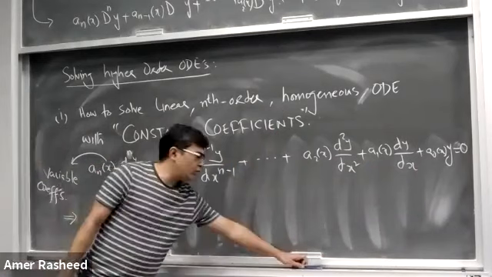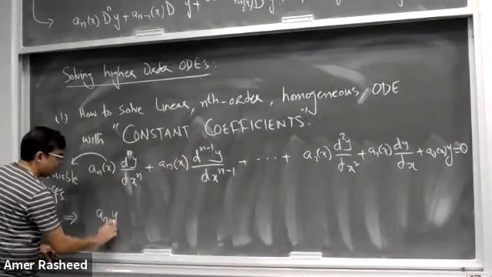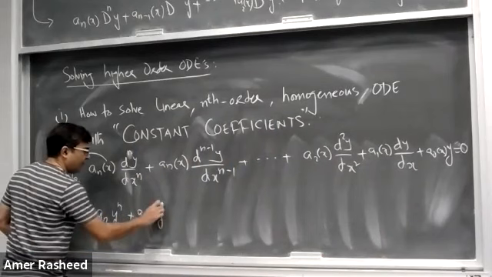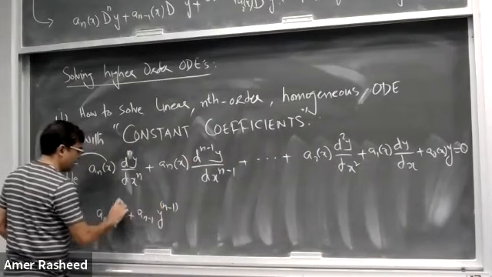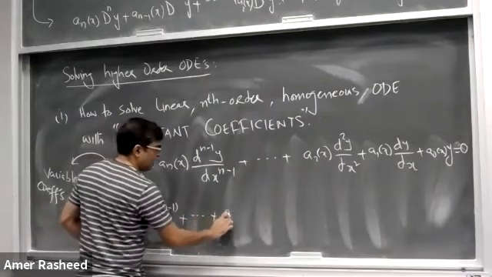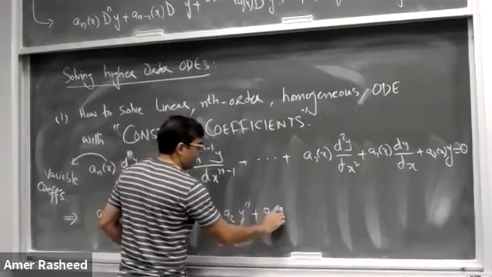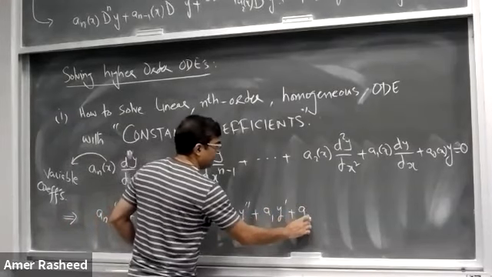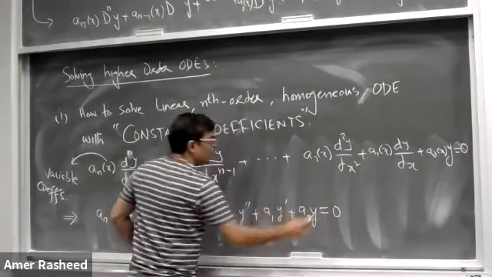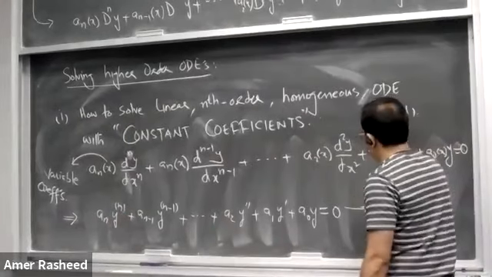Sometimes we write the nth derivative as y^(n), plus a_{n-1} y^(n-1) in brackets, plus so on, plus a_2 y'' plus a_1 y' plus a_0 y equal to 0. So this is our equation 1 and this is our equation 2.